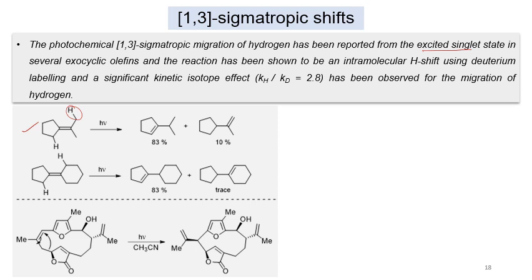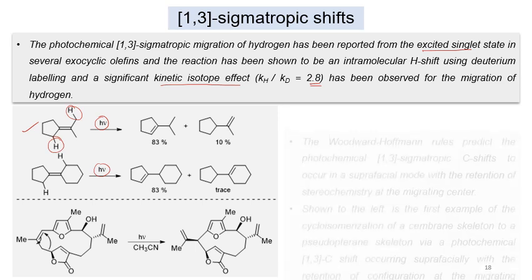So it will be a 1,3 migration, and you can see very clearly if this is now substituted with deuterium, the kinetic isotope effect of 2.8 is observed for the migration, which clearly indicates that this is an intramolecular H shift and it is in a 1,3 fashion. Obviously, this is happening only under the photochemical conditions.